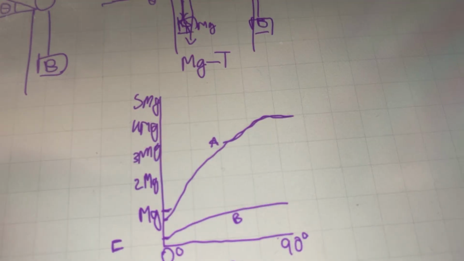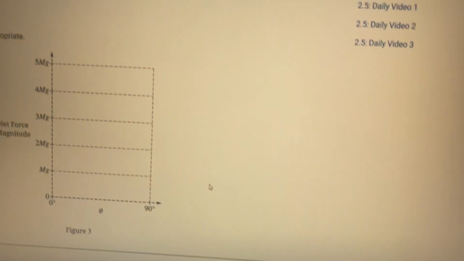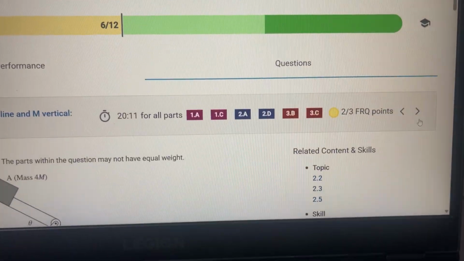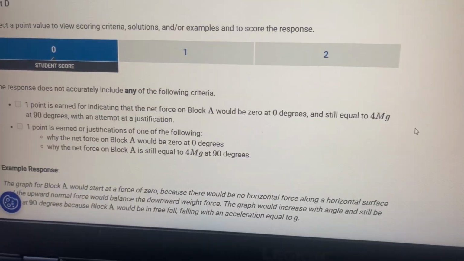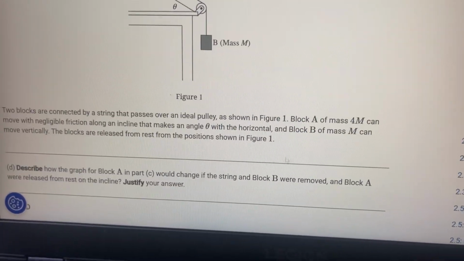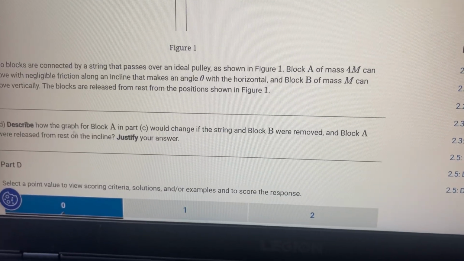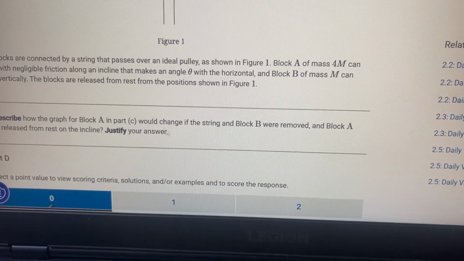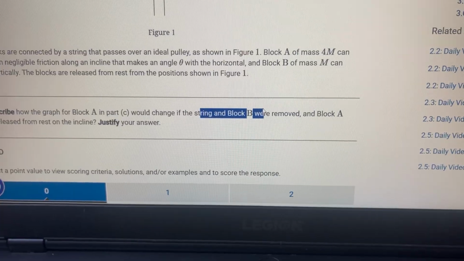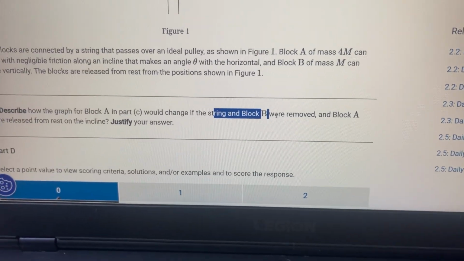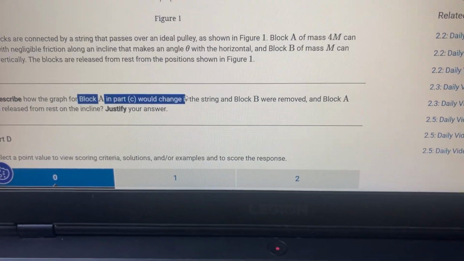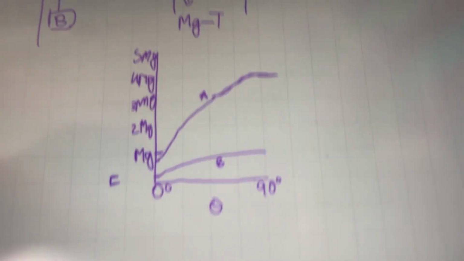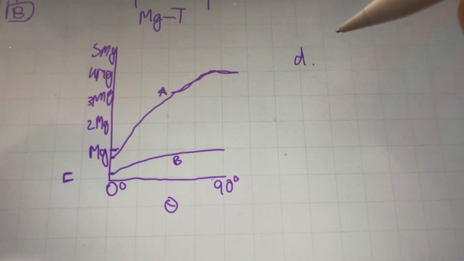So on to part D. Oh crap, part D. They're asking what if there was no string and no block B. Describe how the graph would change.